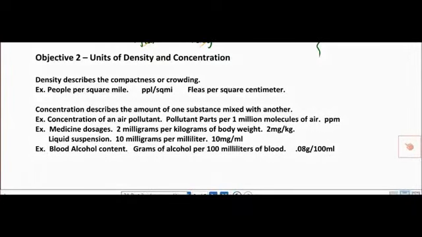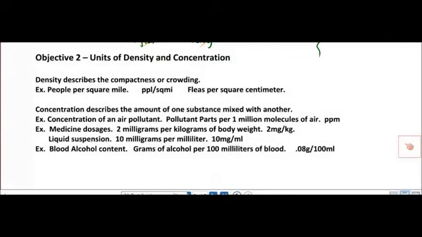Or even blood alcohol content. When that value is given, it's per 100 milliliters of blood. So 0.08 grams of, in this case, alcohol per 100 milliliters of blood. So density, compactness or crowding, and concentration is a substance mixed with another.